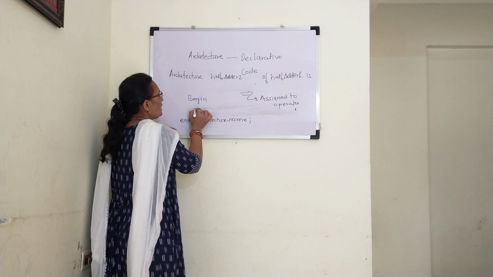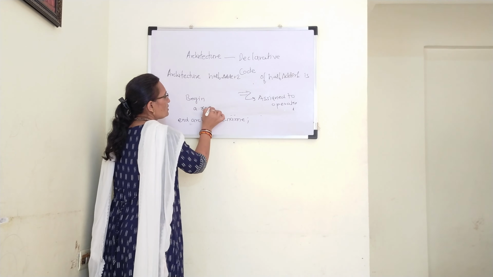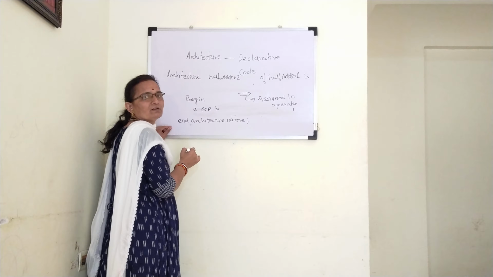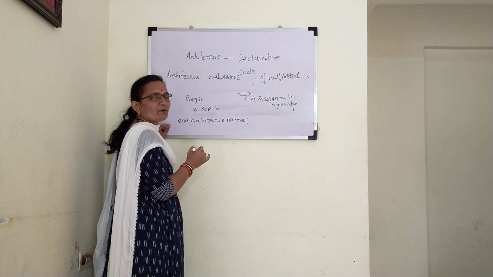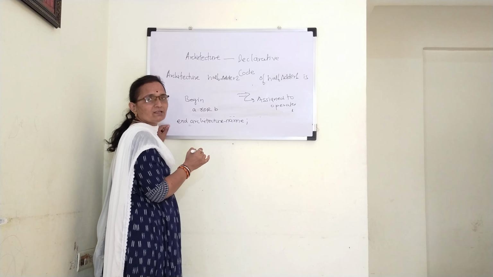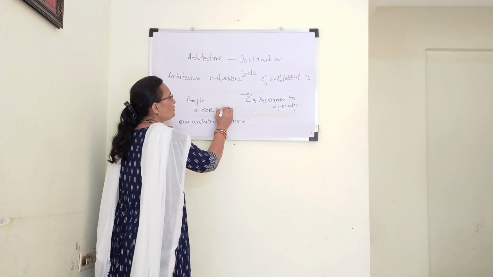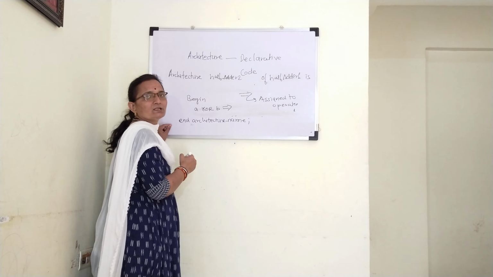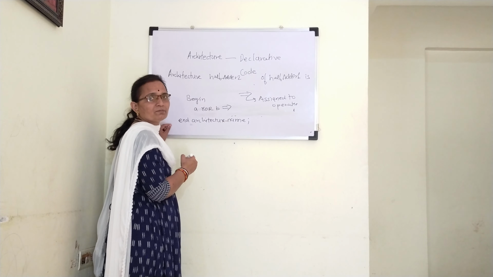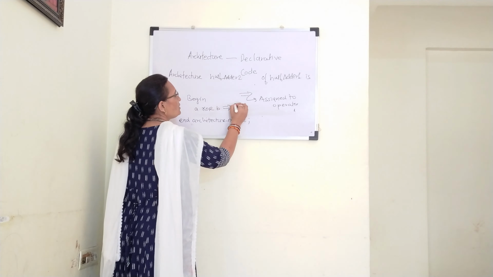So here is A XOR B. That is, the XORing operation happens on A and B signals. This is assigned to your what? It is assigned to your sum.